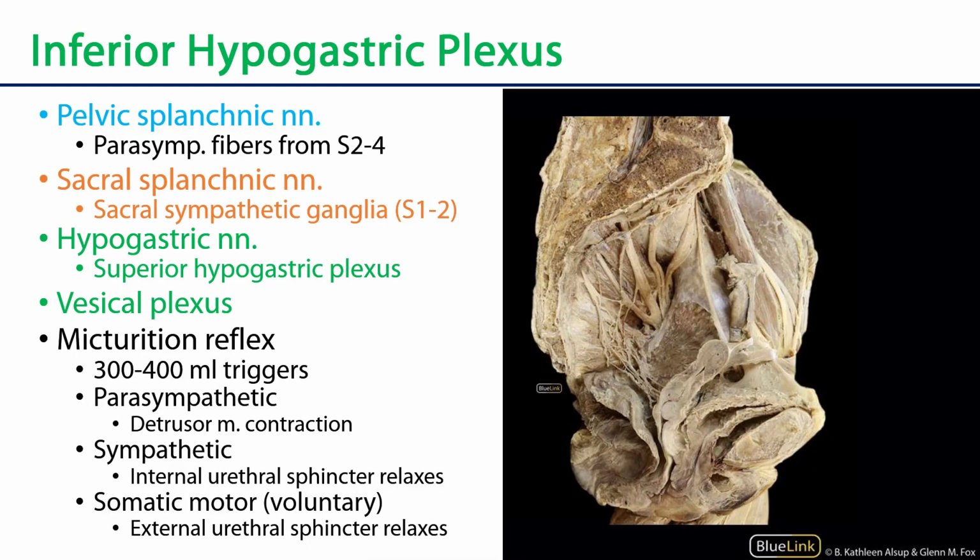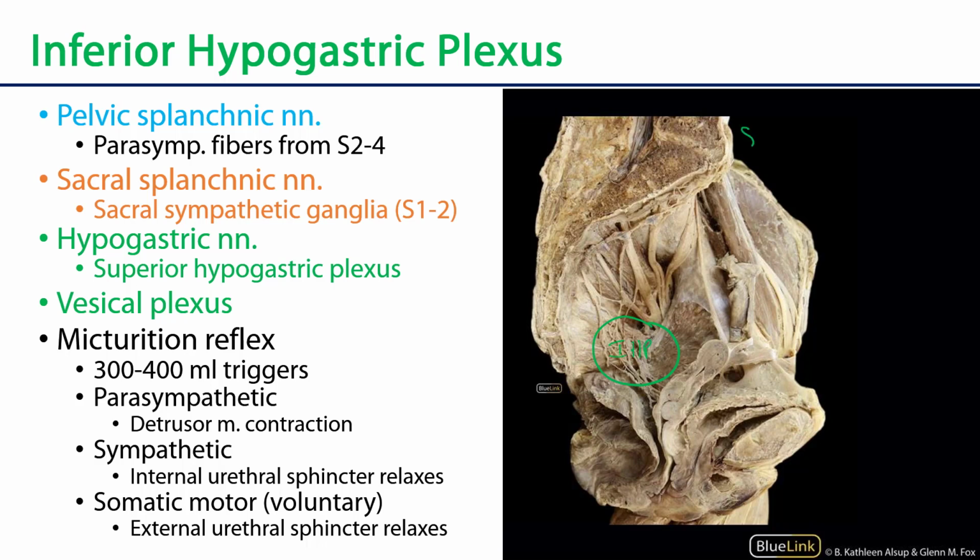The inferior hypogastric plexus is going to run along the lateral wall of the pelvis, lateral to the pelvic viscera, and it is going to be served by sympathetics and parasympathetics. So this would be the inferior hypogastric plexus.